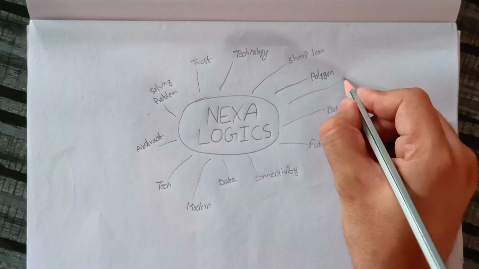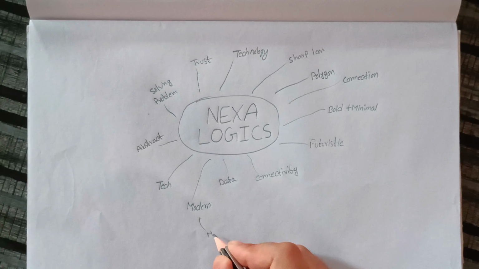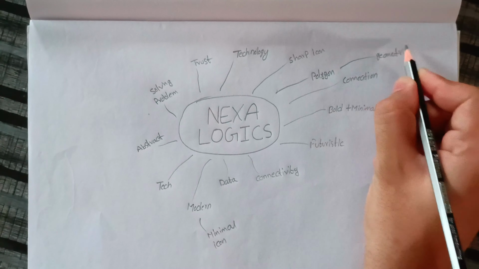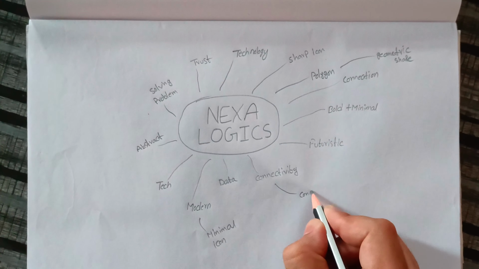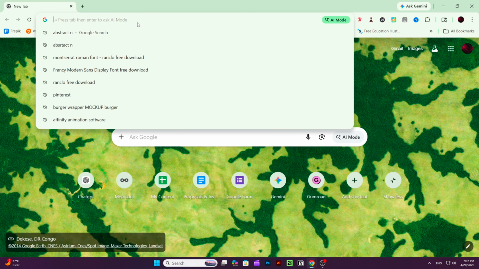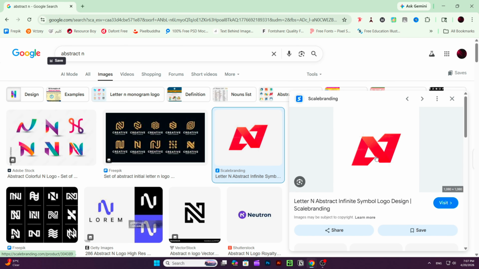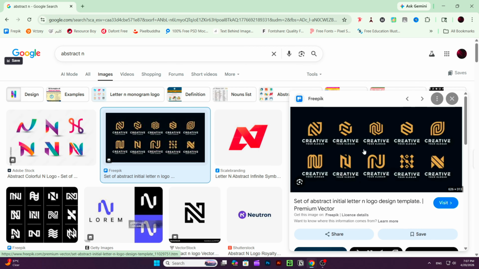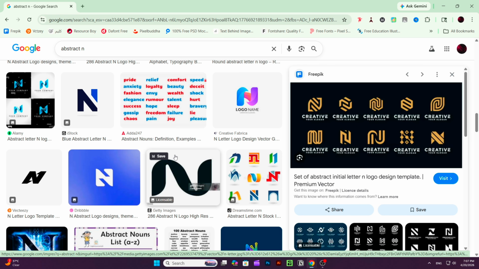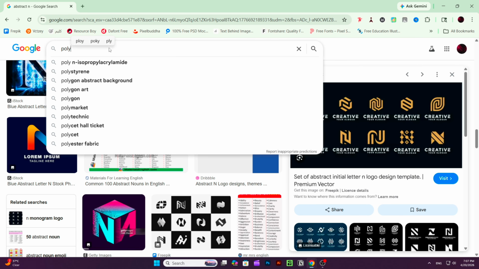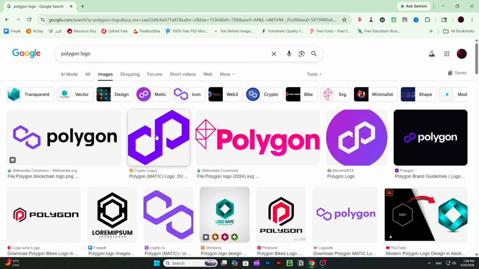So here I'm writing things like tech, innovation, connectivity, systems, data, and geometric forms. Then I take a few of these keywords and search them on Google to explore existing logo styles. This helps me understand what's already out there and gives me direction to build my own unique concept.